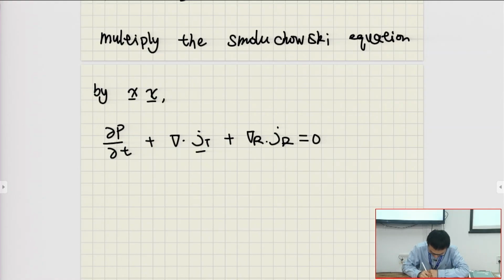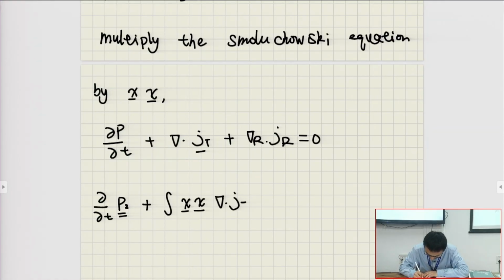Now we get an equation for P2, right? Essentially here you would have xx times the divergence of this quantity, dx, plus the last term, which is always simple because it deals with angular gradients, but I'm integrating in space. So I get just P2 equal to 0.